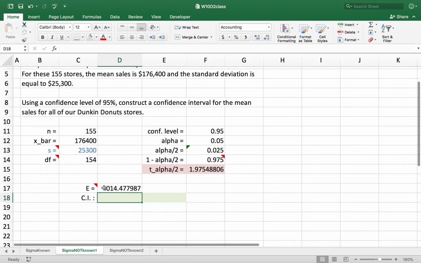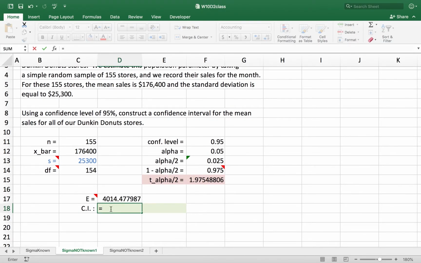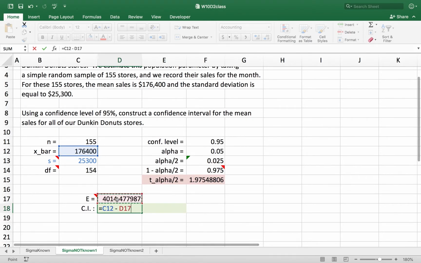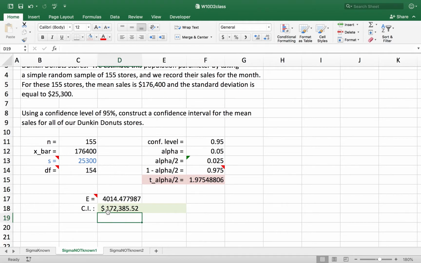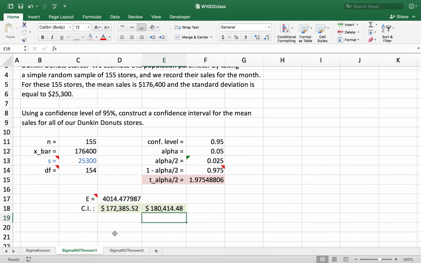So this gives us a margin of error of about 4,000, which means to create our lower bound, we're going to take our x bar, best guess estimate, 176,400, minus our margin of error. So on the lower end, we're expecting 172,385. On the upper end, in this case, we take our sample mean and we add the margin of error. All right.